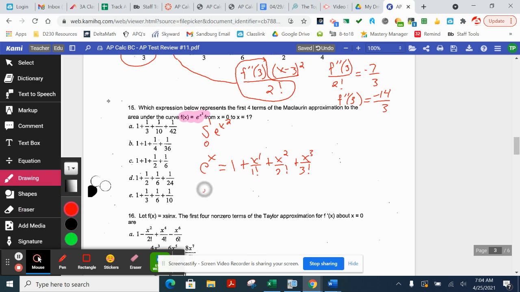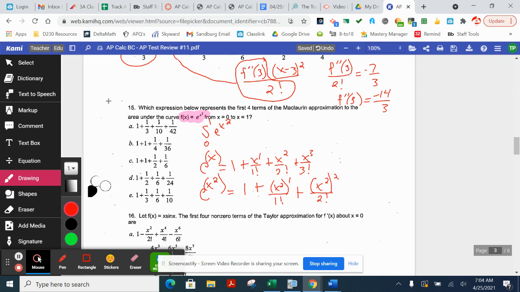All right, well, what we want is e to the x squared. So all I'm doing is changing my composite. So what I'm going to do on the other side is the exact same thing. Instead of x to the first, I'm going to have x squared to the first over 1 factorial. Up here, instead of x squared, I'm going to do x squared squared over 2 factorial.